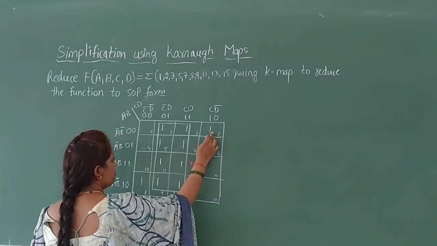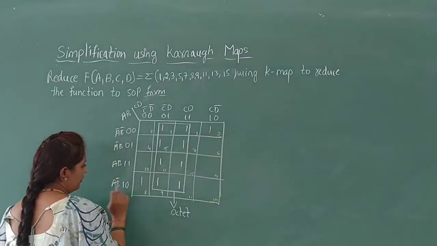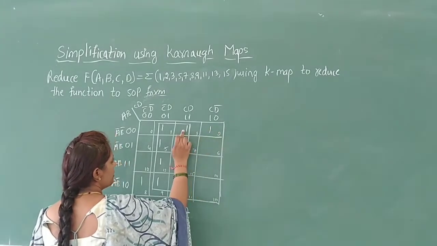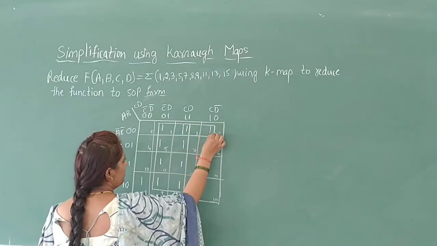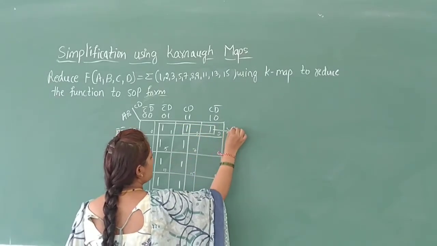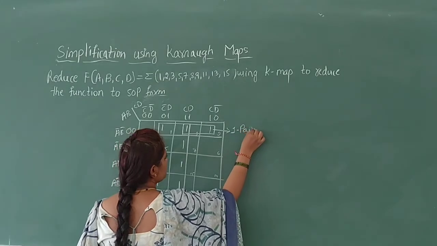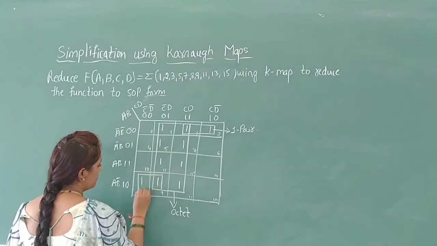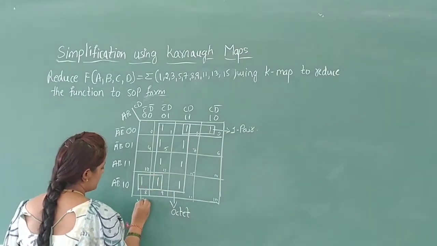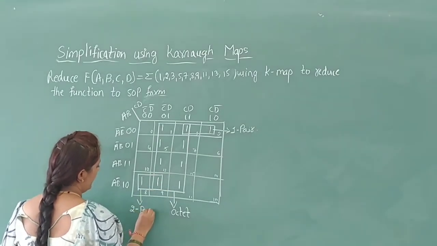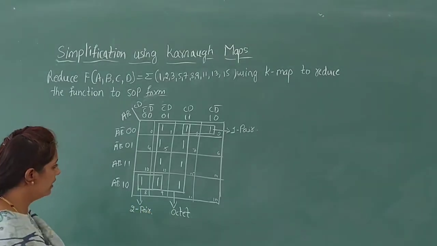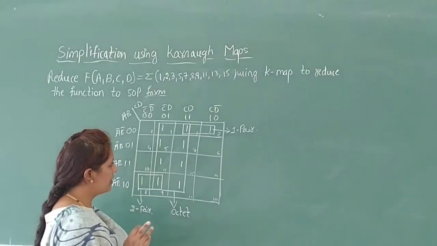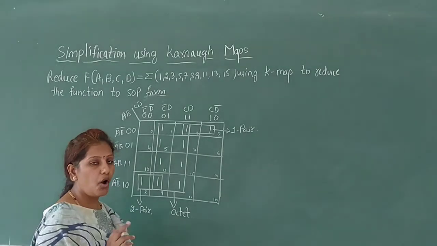And this value is single in the corner of the K-map, and this value is paired with this value, then it creates one pair. And this value is paired with this value, and it creates a second pair. Yes, in total it creates three groups: first pair, second pair, and one octet.